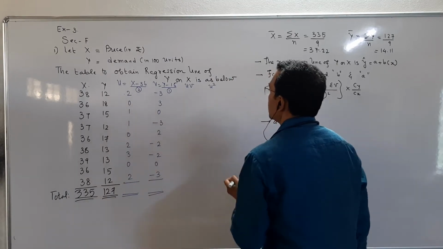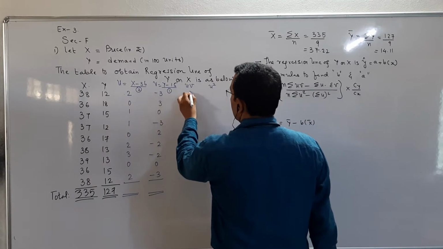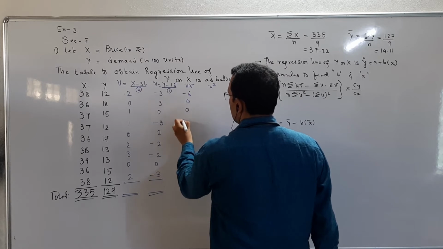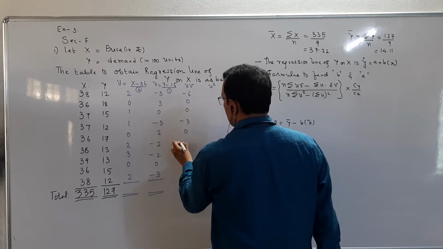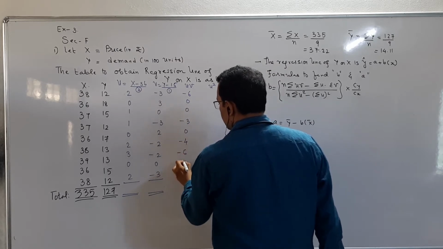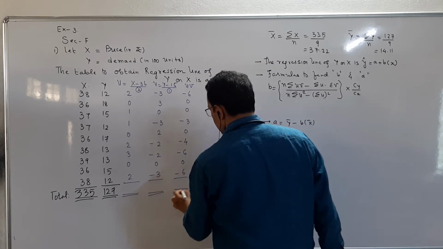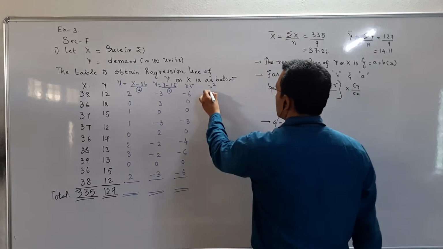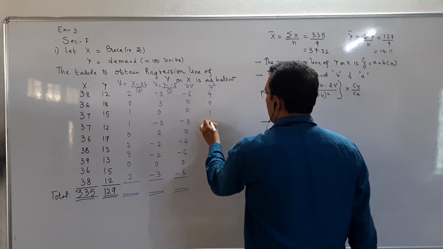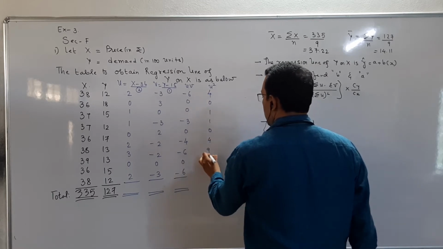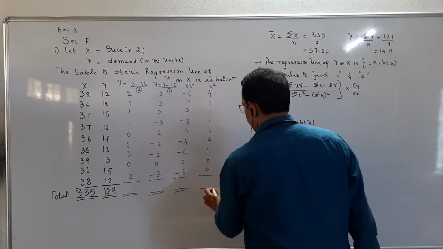Then U into V: 2 into minus 3, minus 6, 0, 0, minus 3, 0, minus 4, minus 6, 0 and minus 6. And then U square: 2 square is 4, 0, 1, 1, 0, 4, 9, 0, 4.